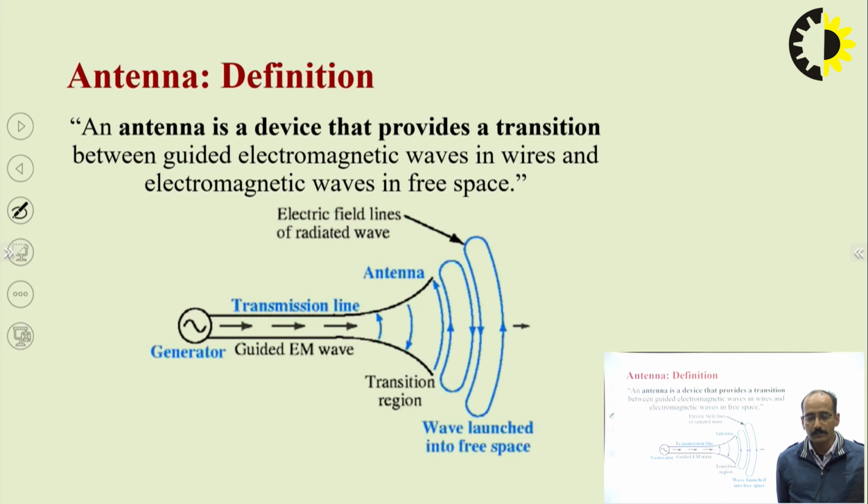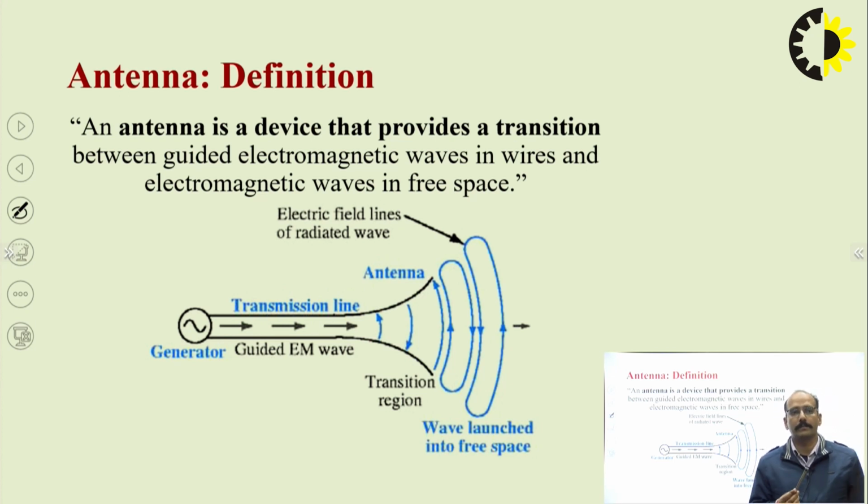Consider a normal wire, and if you apply any type of voltage across it, it means I am providing some power from this end to this conducting wire.